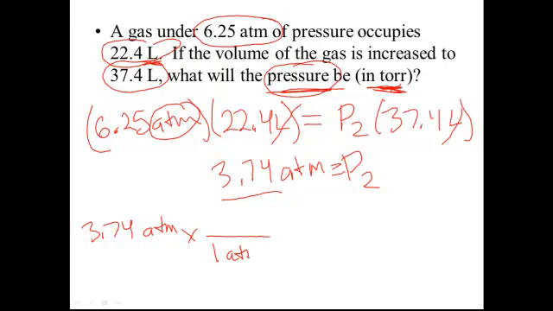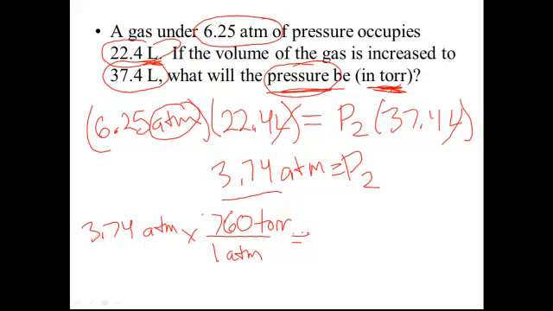So 1 atmosphere we know is equal to 760 torr. So we're going to take our answer, and I'm not going to use 3.74. I still have my calculator up that has the 3.74, 33155, whatever. And I'm going to use that number. That gives me a better overall answer.